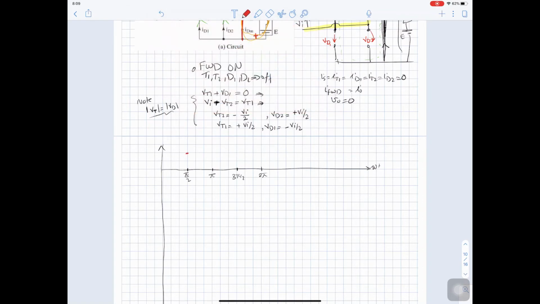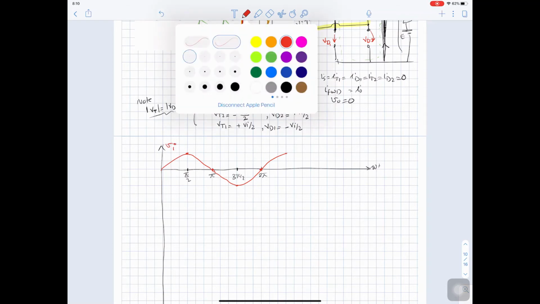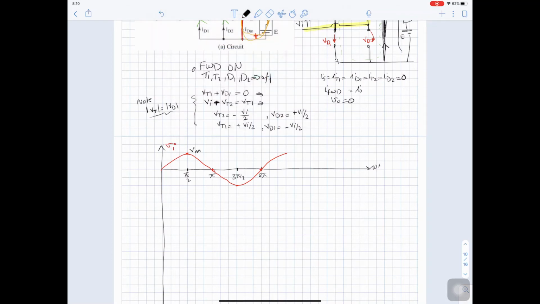So here is peak, 0, negative peak, and then 0 again, and the peak. So this is V input. The maximum here is V max and negative V max. And we will sketch for alpha equal to 60 degrees as an example.